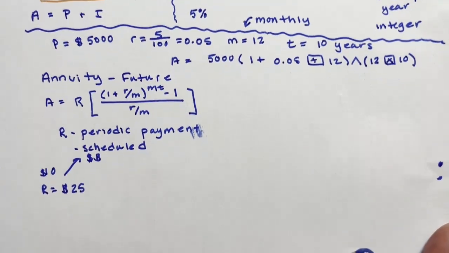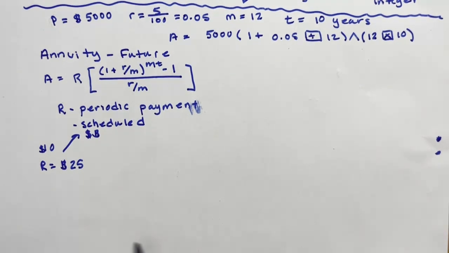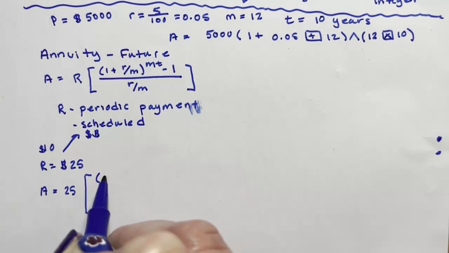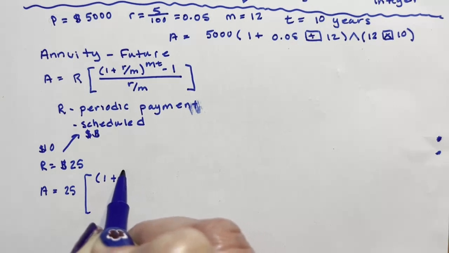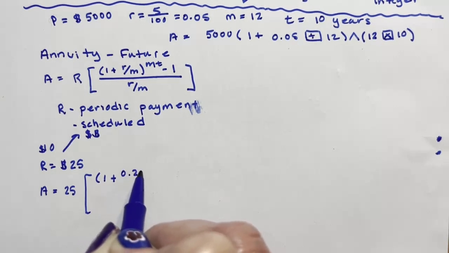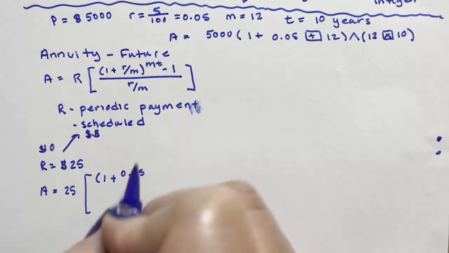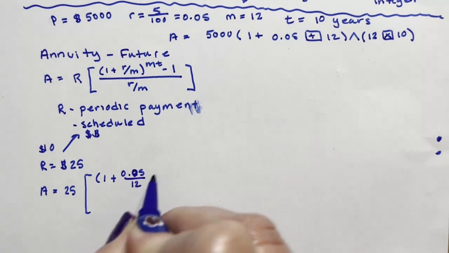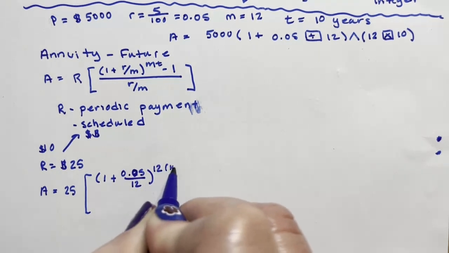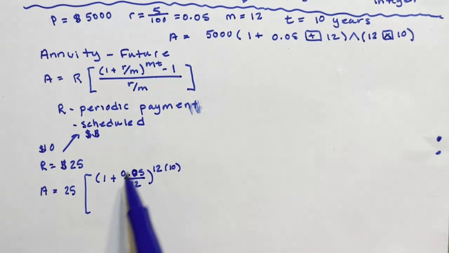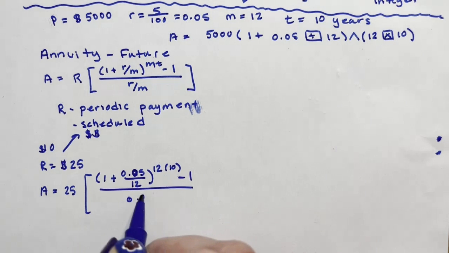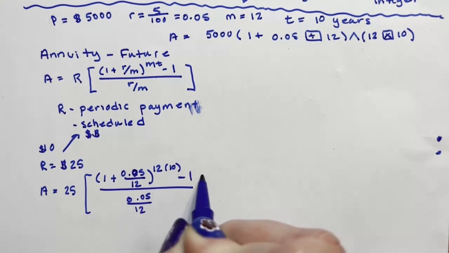So A is equal to 25 times (1 plus 0.05 over 12) to the 12 times 10, minus 1, over 0.05 over 12.